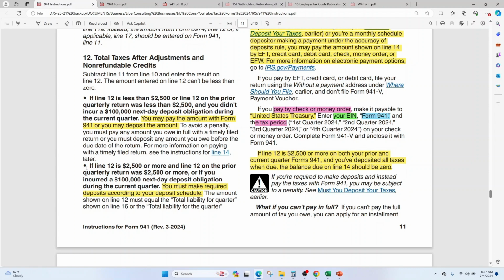So if line 12 is $2,500 or more, and line 12 of the prior quarterly return was $2,500 or more, or if you incur a $100,000 next-day deposit obligation during the current quarter, you must make a required deposit according to the deposit schedule.